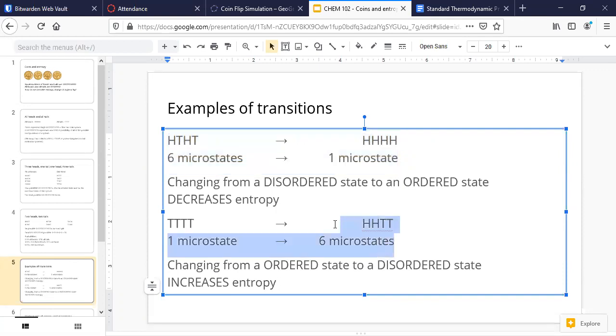Okay? So this is a transition describing an increase of entropy going from one possible microstate to 6 overall microstates. That's an increase in entropy. A transition where I go from 6 microstates to 1 microstate is a decrease in entropy.